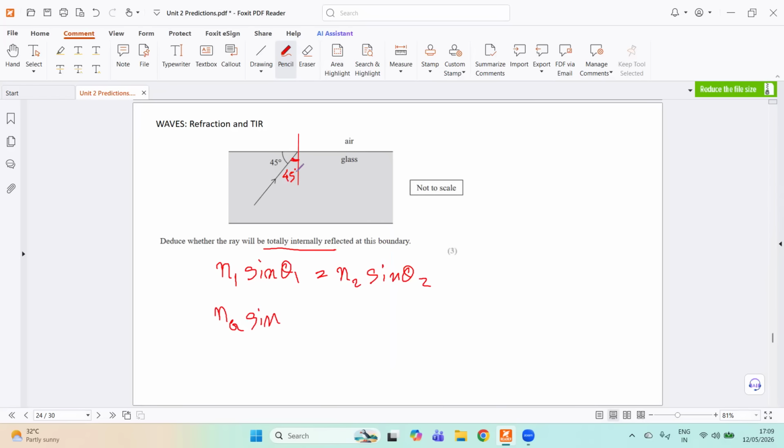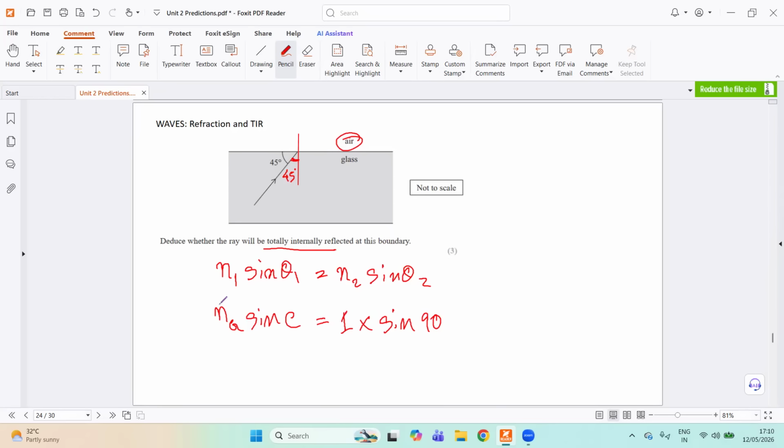So in the more dense medium, as in the higher refractive index medium, so this is n sine c equals n2, which is air, with a refractive index of 1, times, if it is actually critical angle, always remember critical angle is that value of angle of incidence for which the angle of refraction is 90. So this is sine 90. So you find out what is the value of C.